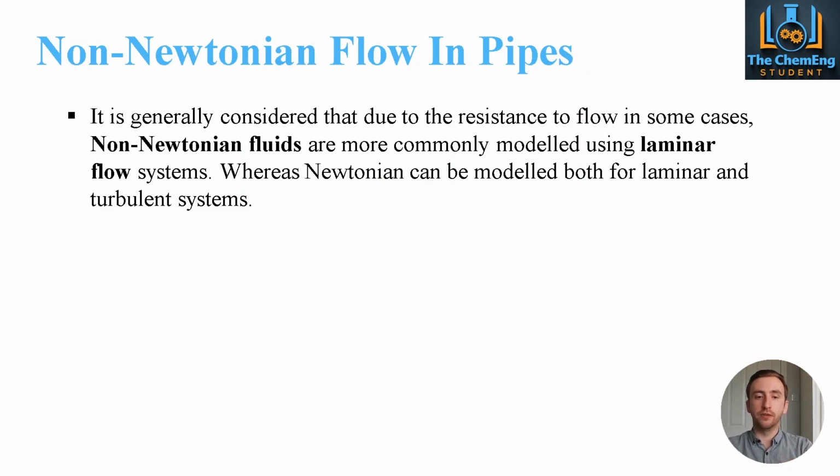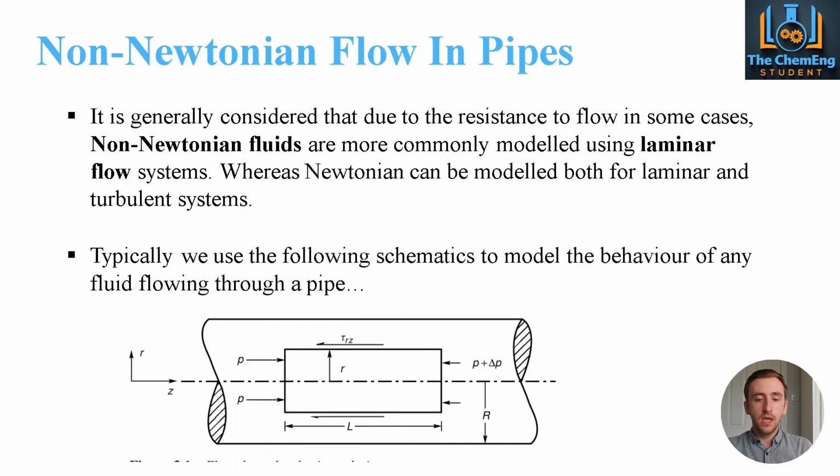Now, the typical schematic or model that we use for fluid flow in pipes is this schematic here. This is basically just a cross-section of a pipe, and we perform our nomenclature.